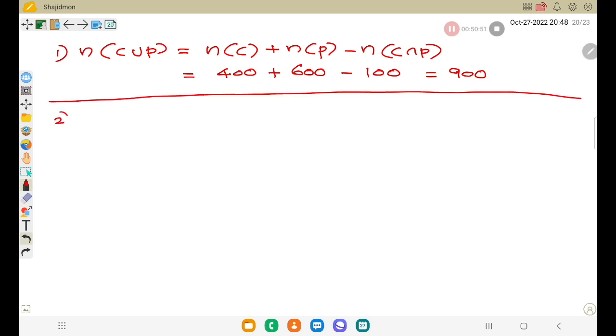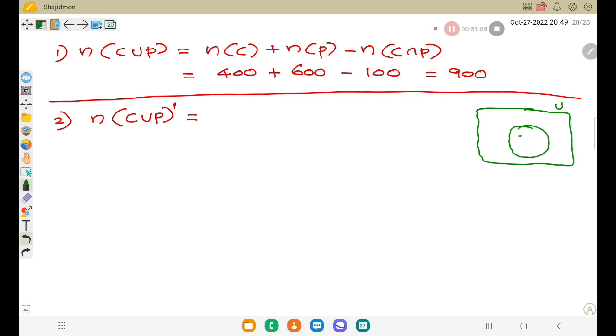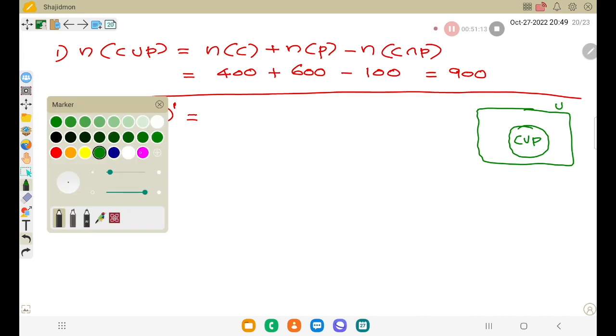Now the second part of the question: the number of chemistry union physics complement. How to do this? You can see this is the universal set, and the students who took chemistry and physics are represented by this circle.